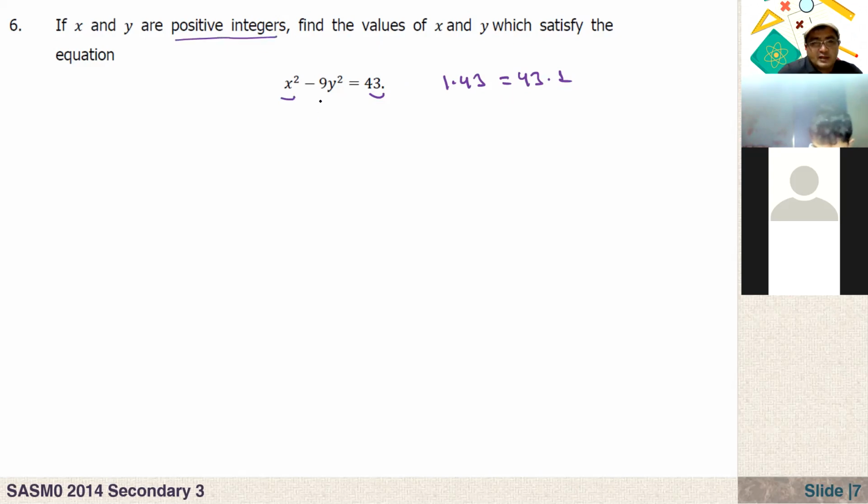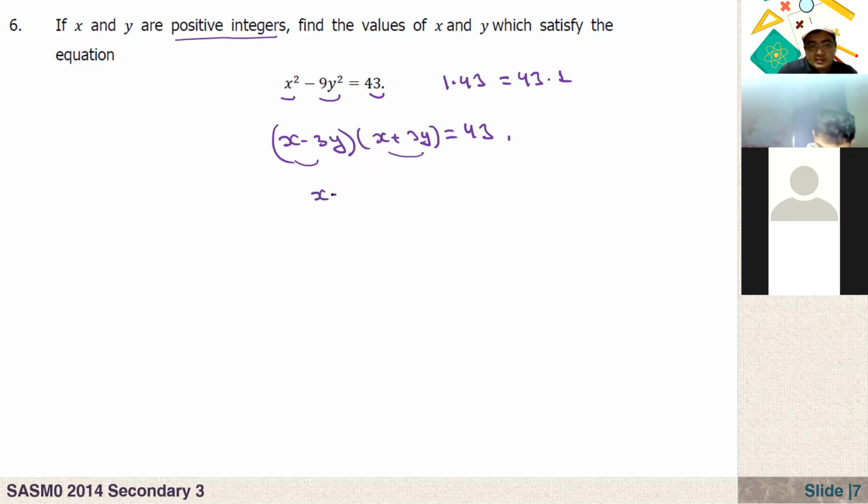And x squared minus 9y squared, if I factorize this, is x minus 3y times x plus 3y, equal to 43. If x, y are positive integers, the difference of two numbers is always less than the sum of these two numbers.